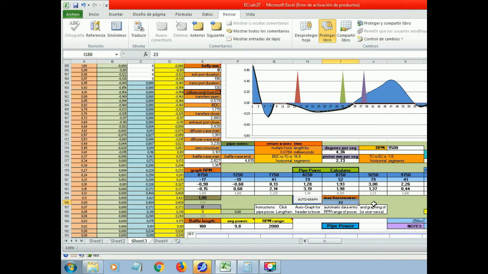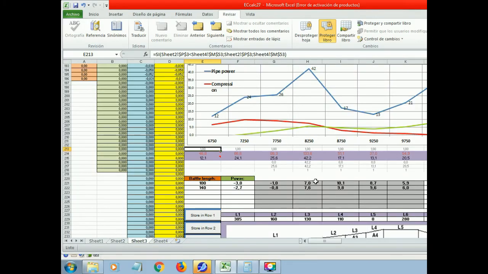Okay. 65. That cell was blocked. I had to unleash it, make it acceptable to accept new data. Okay, with that entered, I'm just going to click autograph, and this is the graph that it gives me.